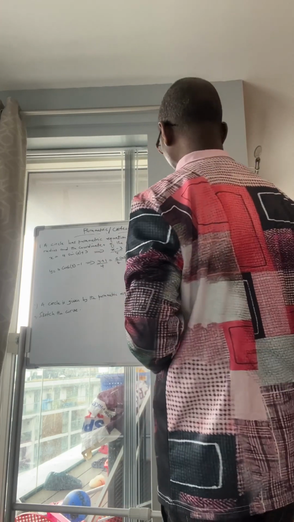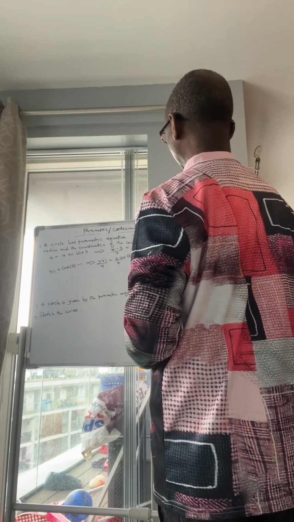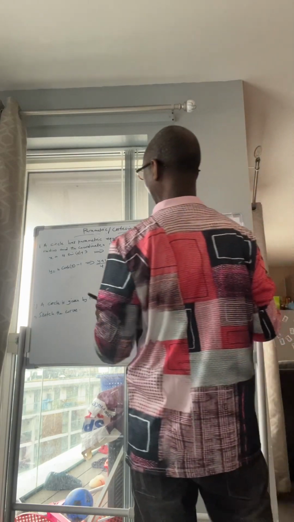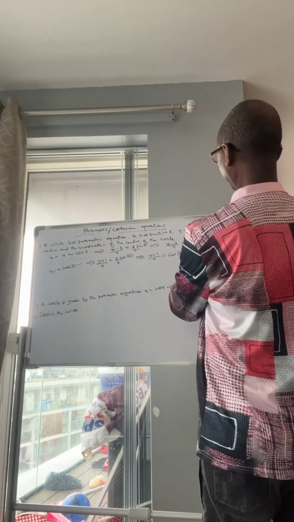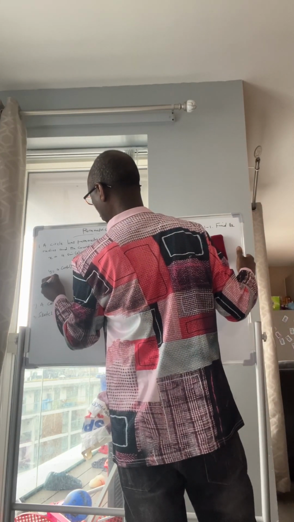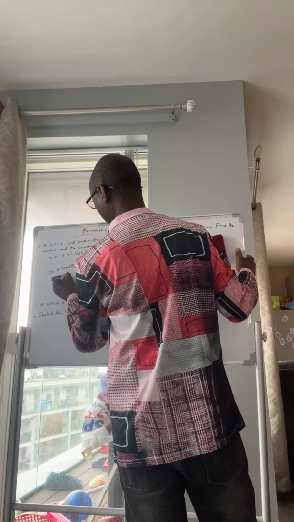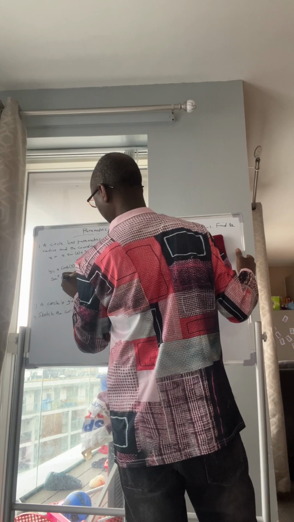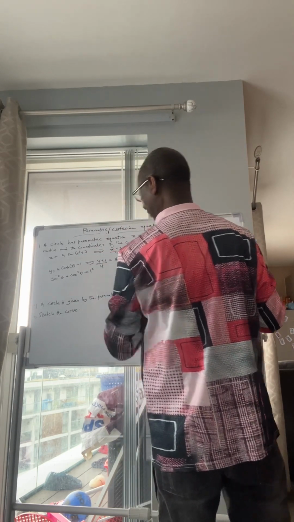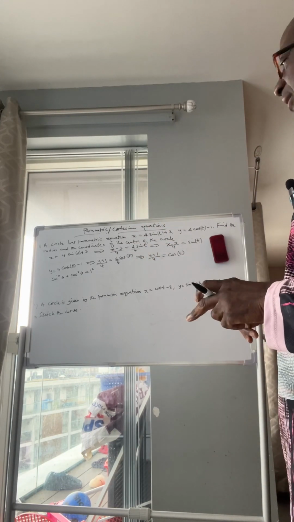Find the radius and coordinates. So now let's transform this into a circle. We already said if we square this one and we square this, you know that sine squared theta plus cos squared theta is equal to 1, or 1 squared.